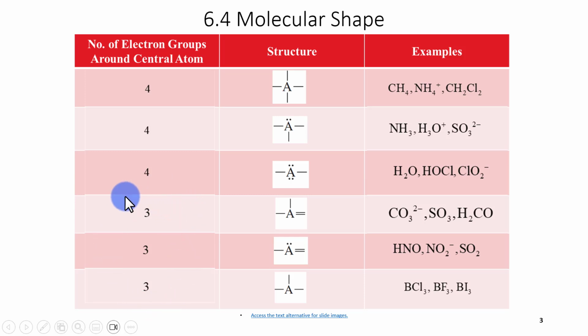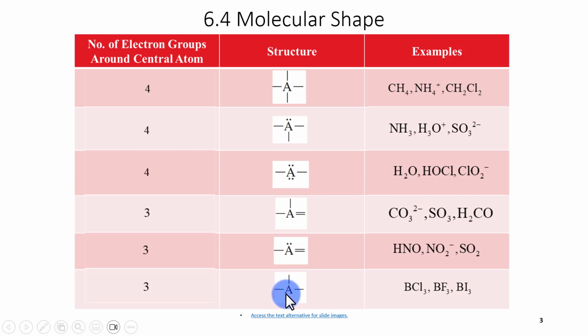What if I only have 3 electron groups around the central atom? This is the next, a step down. Well, here are the combinations that I could have. I could have 3 single bonds around the central atom. Here are some examples of that. Remember that boron is that exception to the octet rule, that it can accept just 6 electrons.